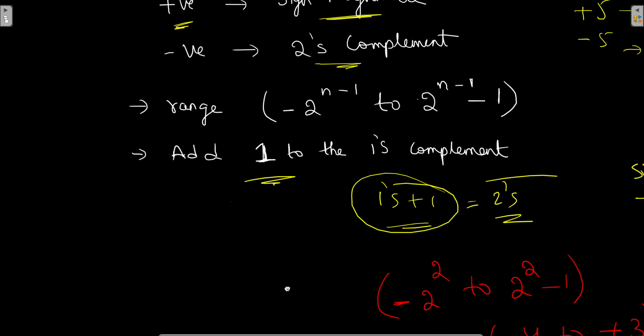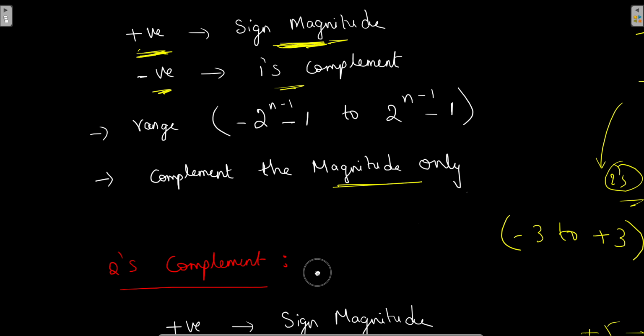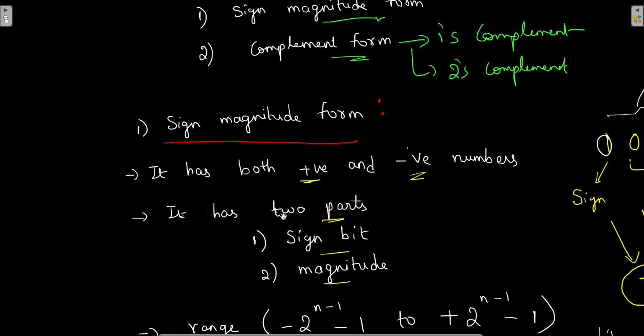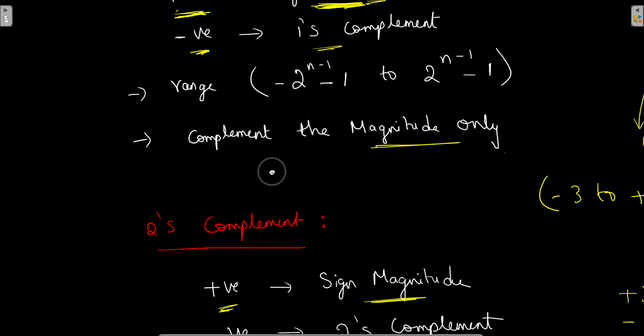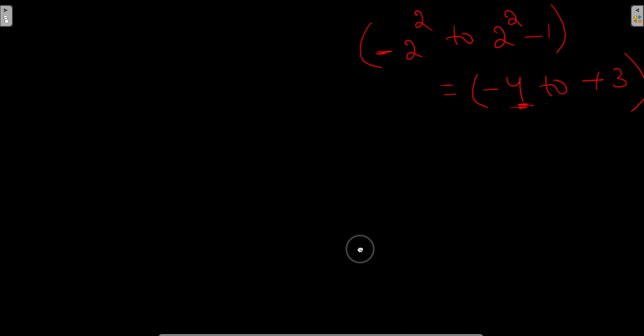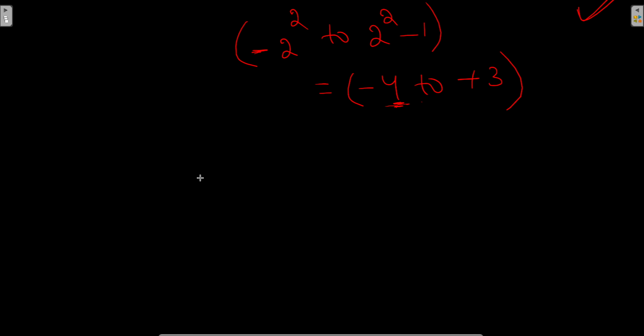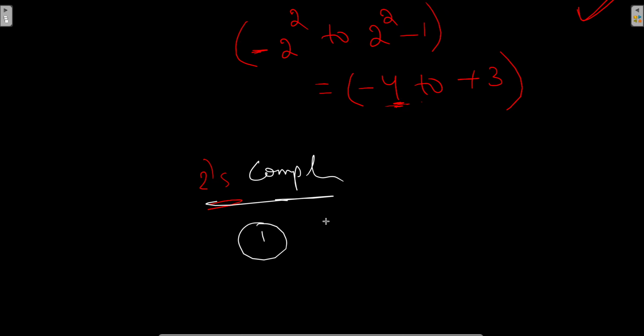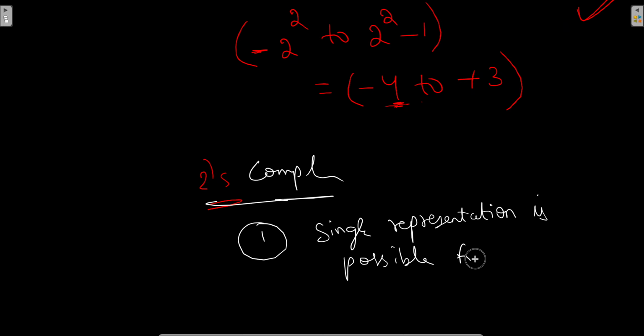Mostly in sign representation, here we can see sign magnitude form, 1's complement, 2's complement. These 3 methods are there. Within this we are preferring 2's complement. Why? Because single representation is possible for 0.